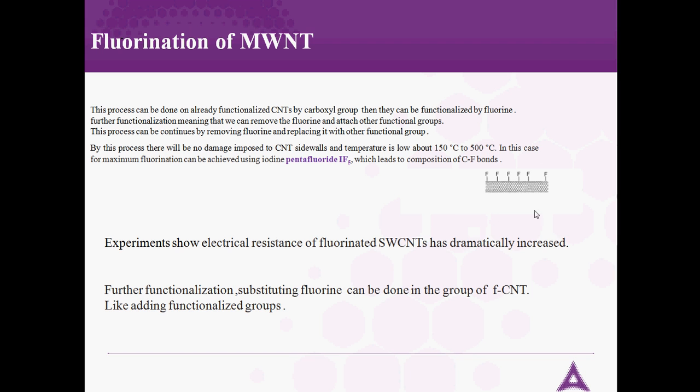For maximum fluorination, you have to use a pentafluoride, which leads to the formation of carbon-fluorine bonds. Experiments show the electrical resistance of single wall carbon nanotubes has dramatically increased by this method.